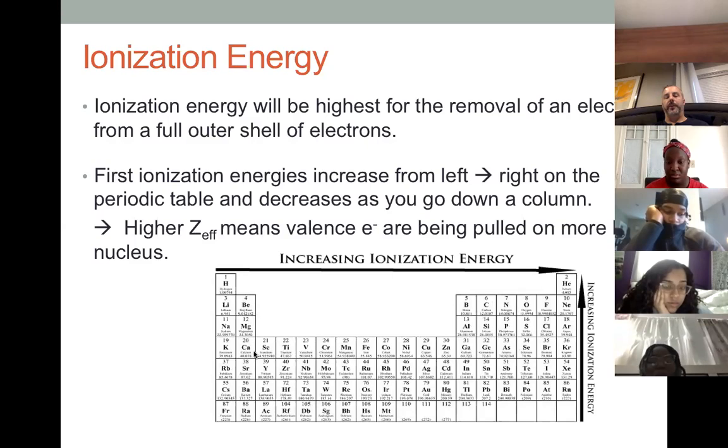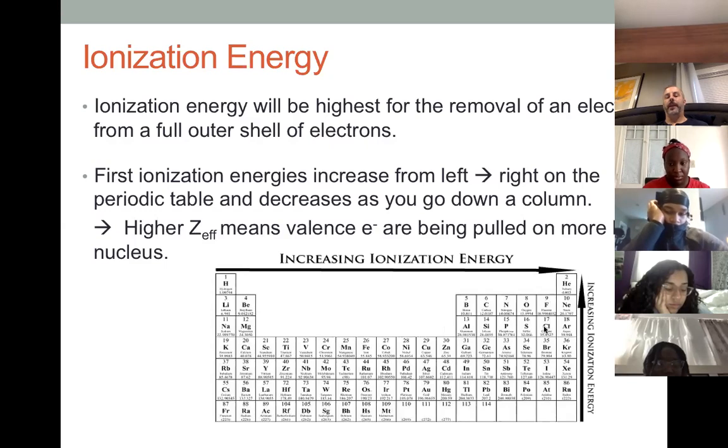You also see a little bit of a jump sometimes from S to P, and that's because from here to here, you're going from a full shell, 1s2 is fully filled, and now you're in the next shell. It's a little bit easier to remove this one than from a full shell. So you see a little dip from here to here also, and from here to here. But then it again tends to increase, increase.